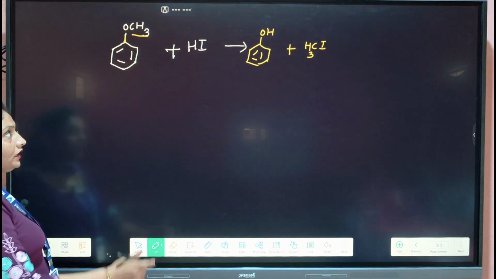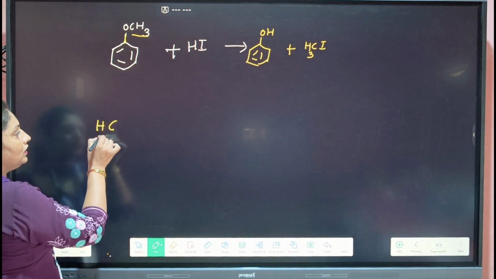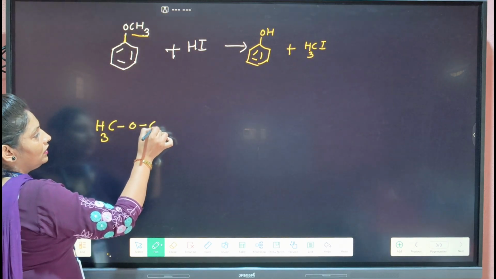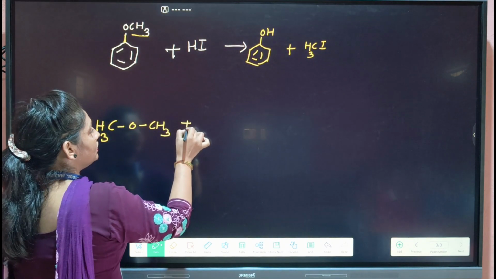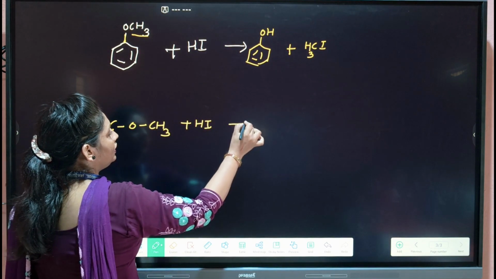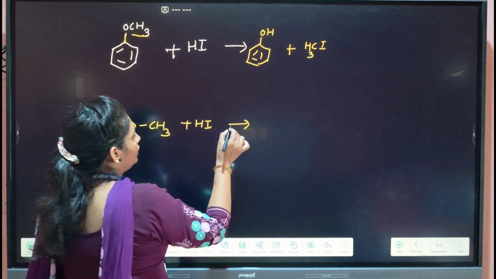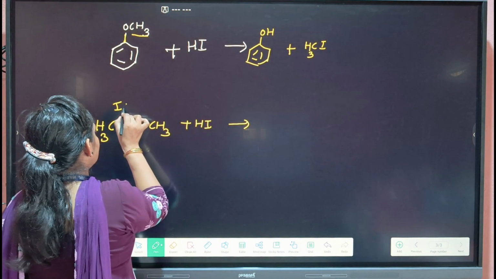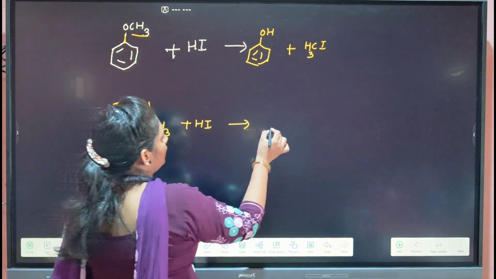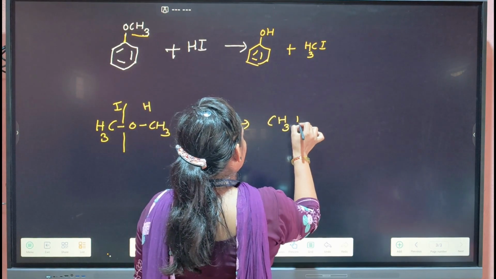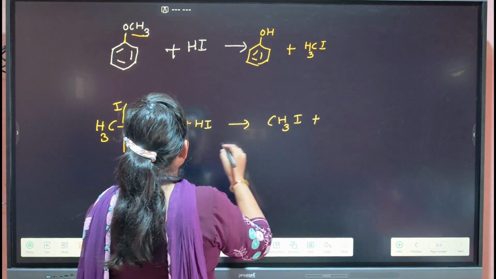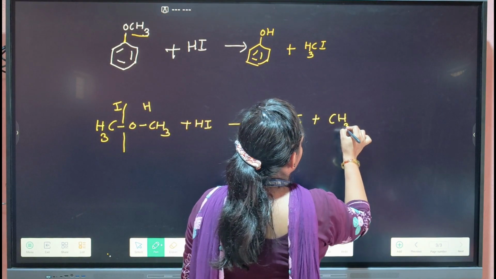Students, in case of the alkyl ether, first of all, alkyl halide was produced plus alcohol.